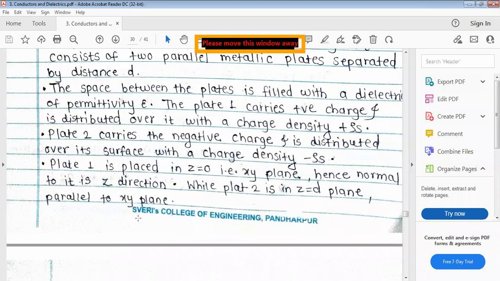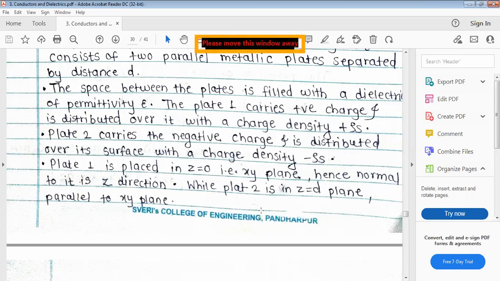You can imagine here is the x axis, here is the y axis, and in the xy plane there is your plate 1. It is at z is equal to 0, so the perpendicular axis is the z axis only, and plate 2 is placed above that plate.